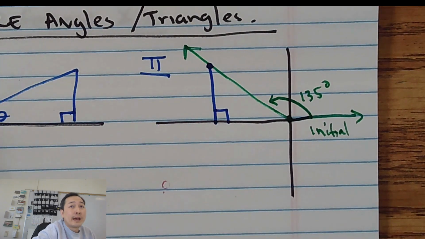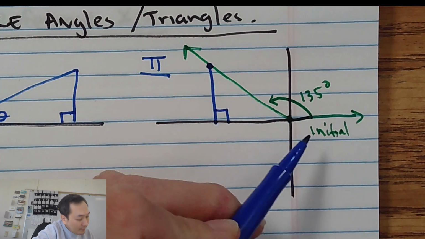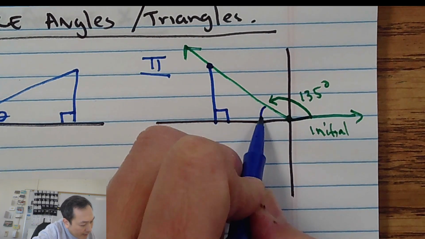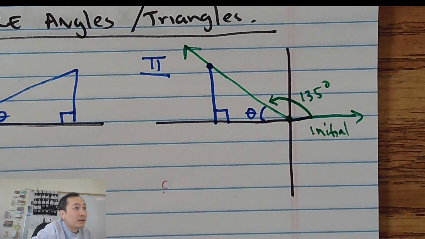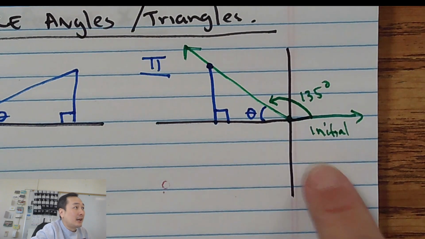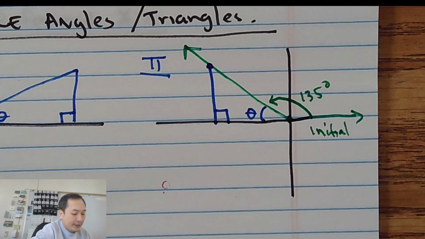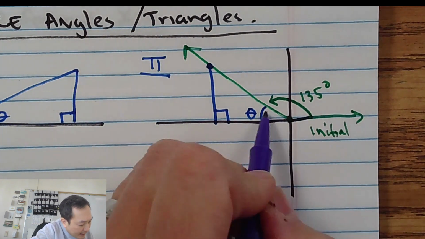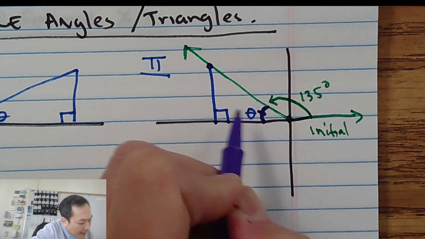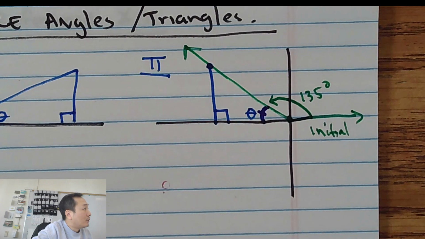It'll always be that way. Terminal side to my x-axis. That perpendicular distance makes that right triangle. And you guys see that right triangle here, right? So then this angle here is my theta. We're going to come back to this in a little bit. We're going to be talking about my reference angle. So this, class, is my reference angle.